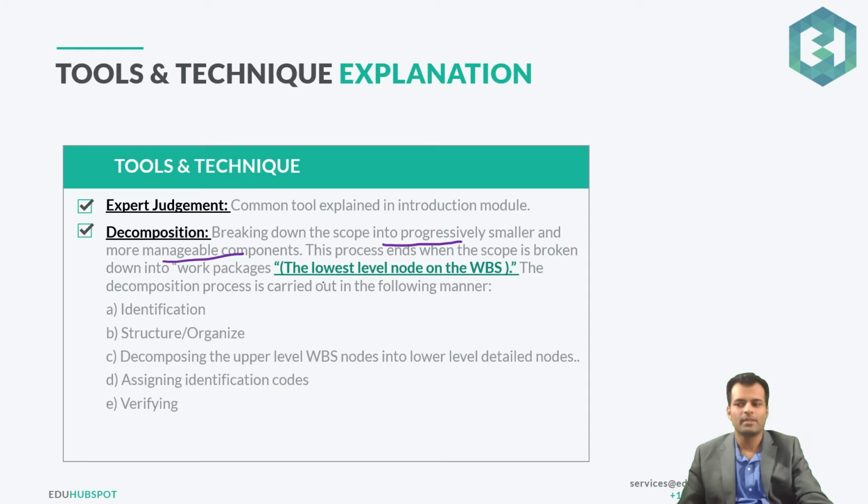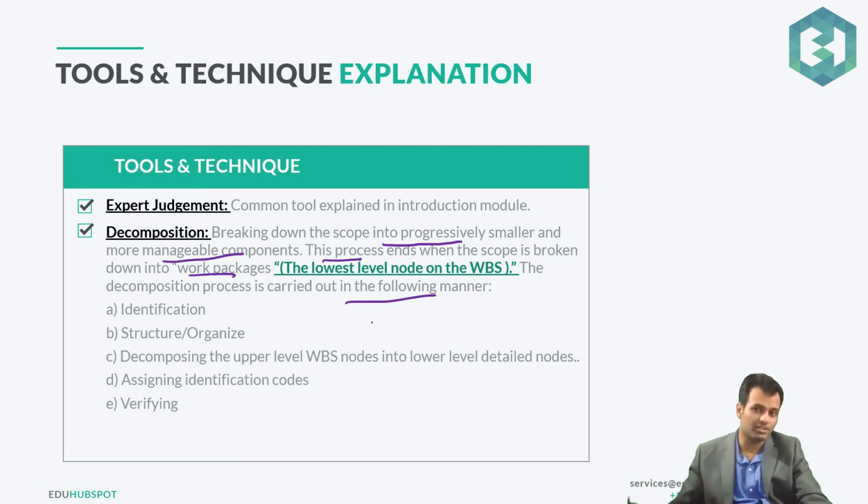Basically, WBS is all about making the project more manageable. This process ends when the scope is broken down into work packages. So the lowest level of your tree is the work packages. I'll show you in some time, but just remember, the lowest level of the tree is known as the work packages.